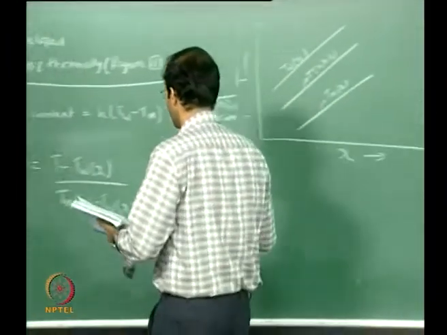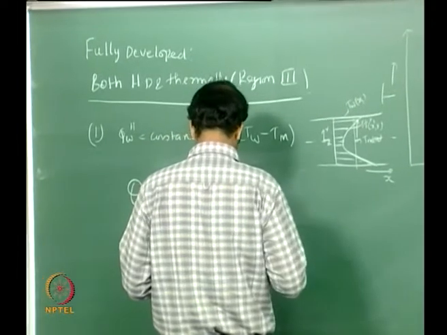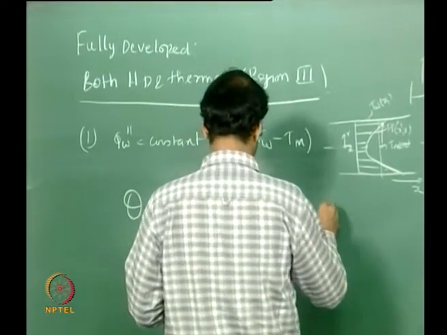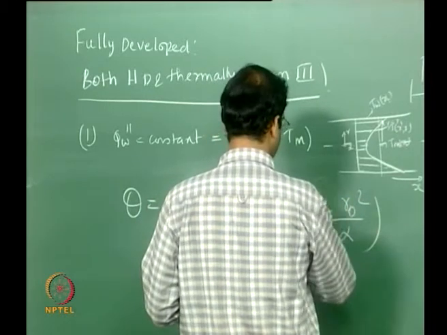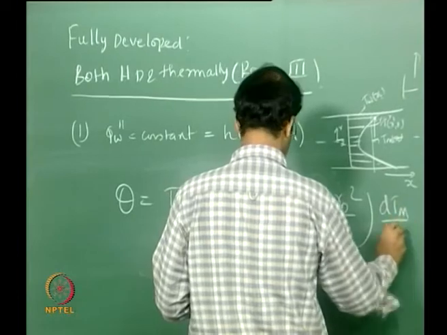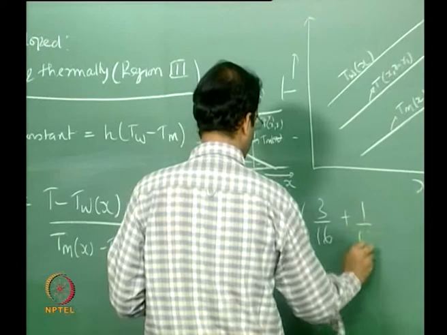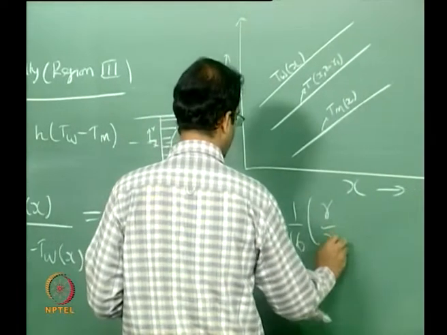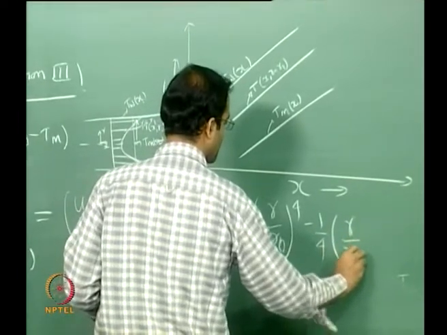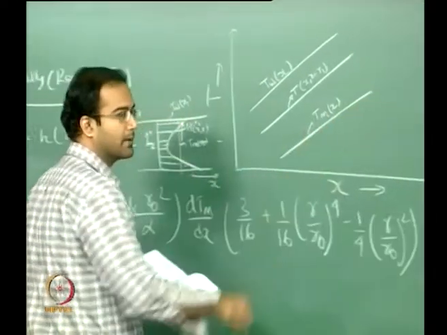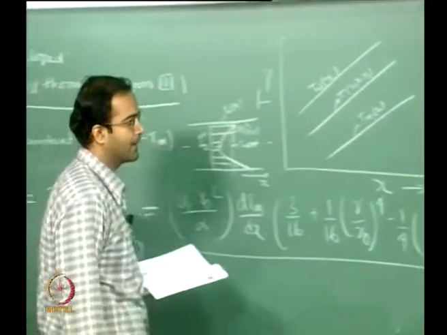If you just substitute those expressions, T minus Twall will be UC r naught square by alpha into dTm by dx into 3 by 16 plus 1 by 16 r by r naught to the power 4 minus 1 by 4 r by r naught square. There is a minus sign, but in the numerator and denominator the minus sign cancels out.